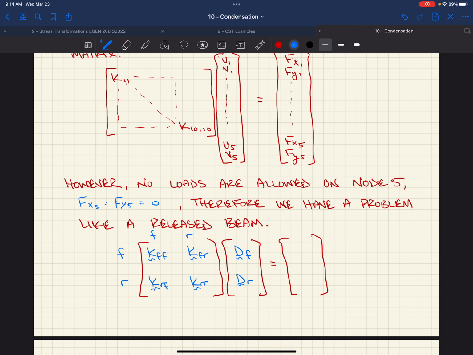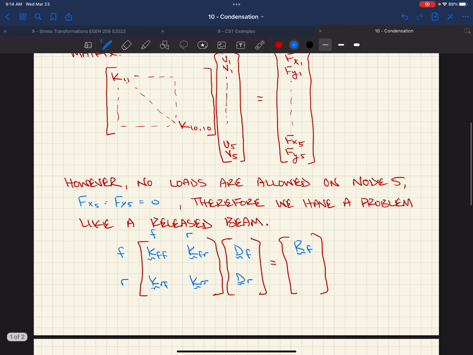So this all has to equal our reactions or our forces, right? We would have fixed reactions and forces for degrees of freedom with which we have fixed, where we didn't release the forces, right? Where we can transfer forces. And then when we don't, we're going to say everything that we release, it can't transfer force, right? So those have to be 0.